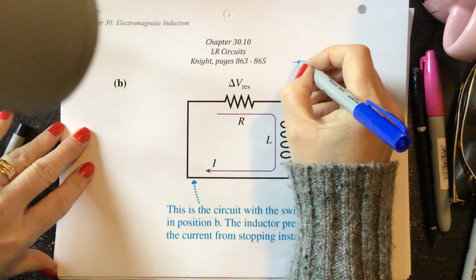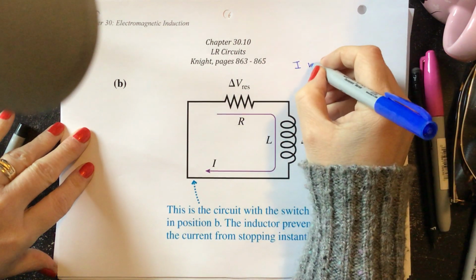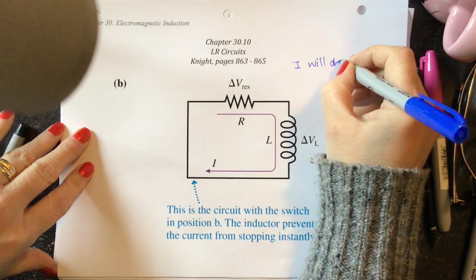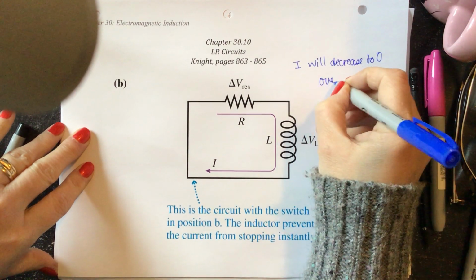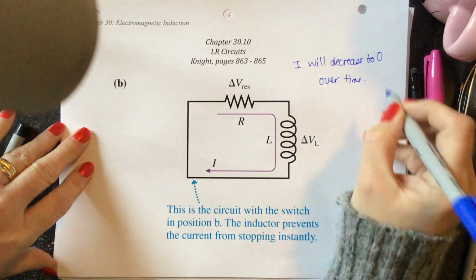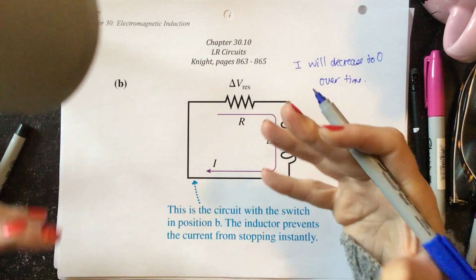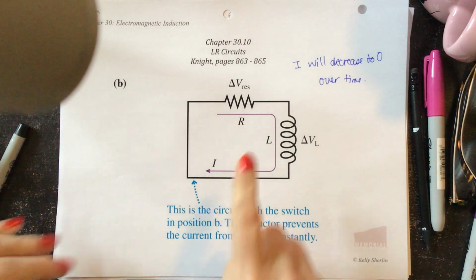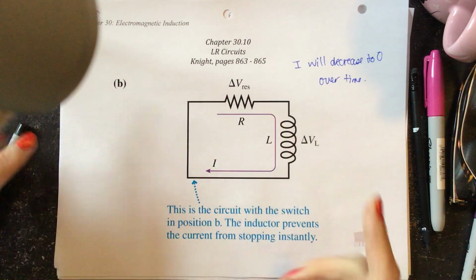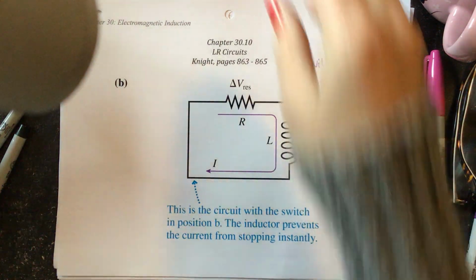So the current I will decrease to 0 over time. What that means is that the inductor acts like a battery just for a little while. So our task will be, let's find the current as a function of time as it drops to 0.